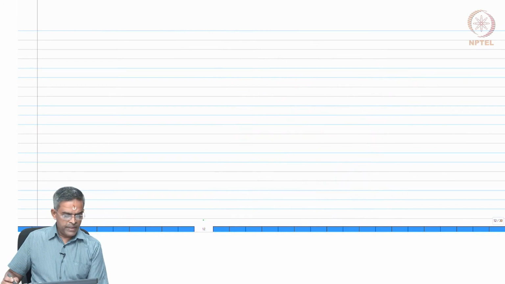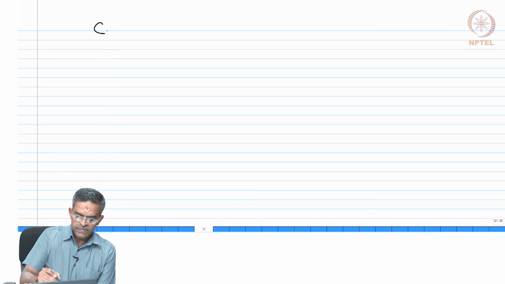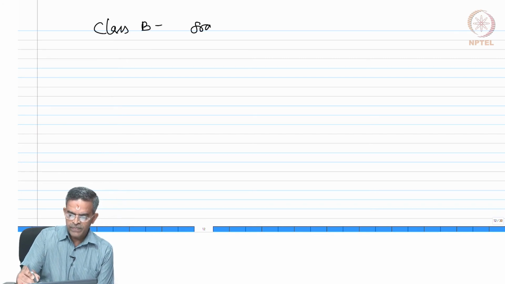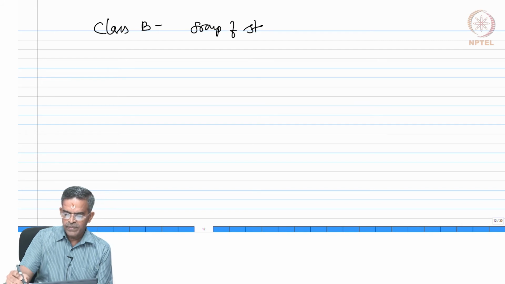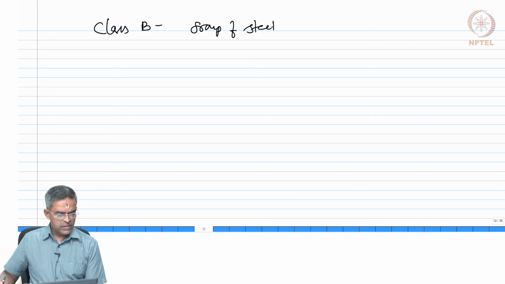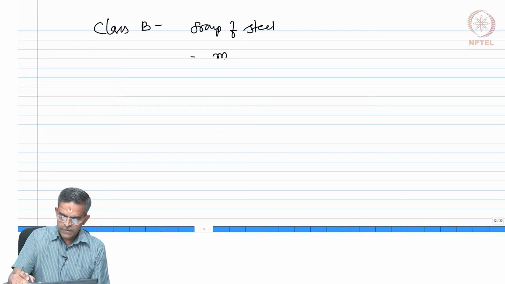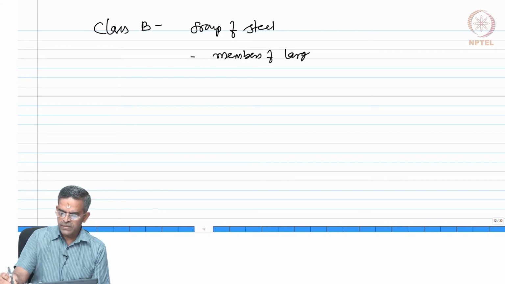Continuing this argument, the class B group of steel is recommended for members of large thickness.